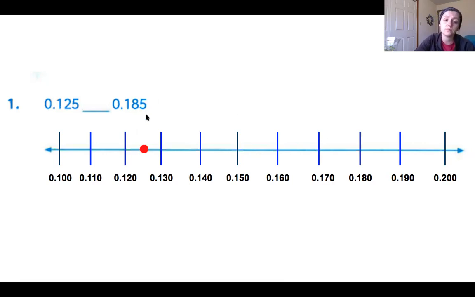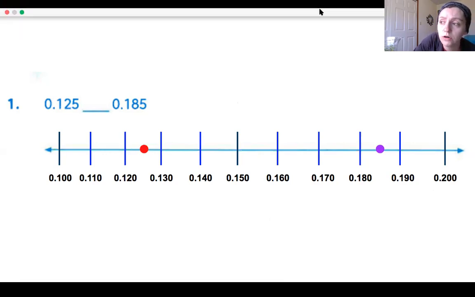Now I'm going to do the same for 185 thousandths. Since it's 0.185, I know it has to be over 0.180, or 180, and it has to be less than 190 thousandths, because we don't have a 9 here. I know that 185 is halfway in between 180 and 190, so I plotted a point at 185 thousandths.